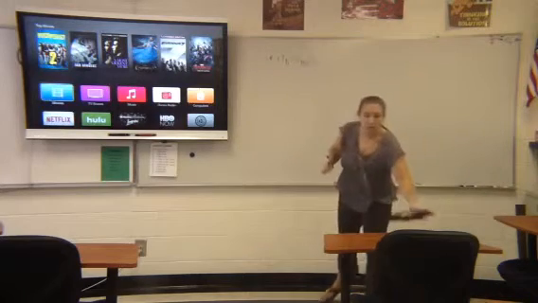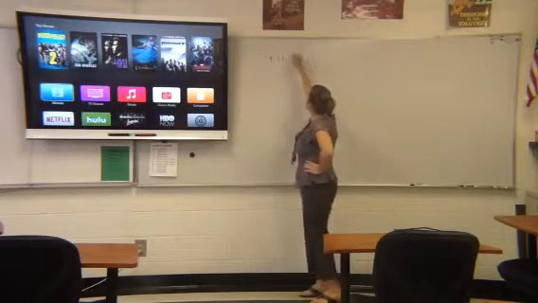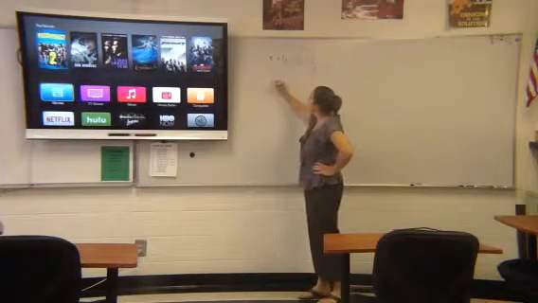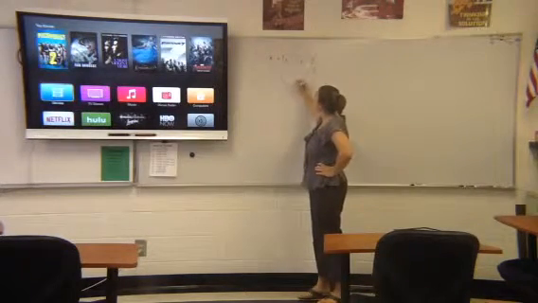Okay, so Grayson said to subtract 2, so I'm going to go back here. So we're subtracting 2 from both sides. Okay, so that cancels. So we're going to get 2 plus 1q equals 5q.